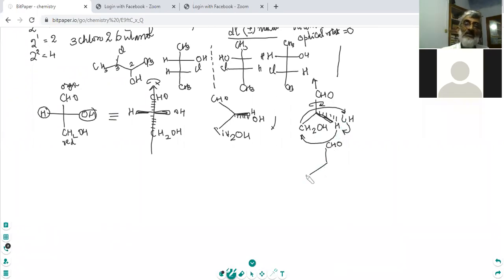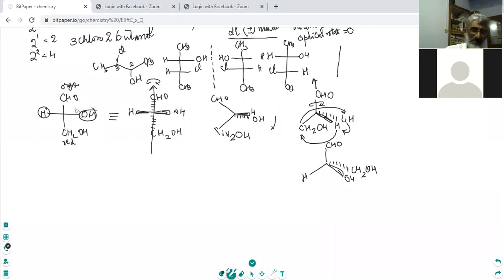So H comes here to the plane. OH comes to the front. And CH2OH goes to the back side.